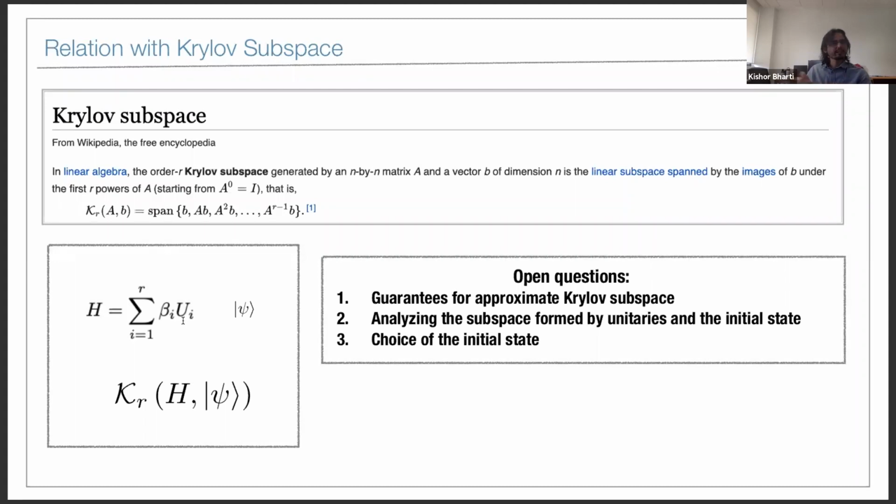So that already is a very powerful class of Hamiltonians. And many of the spin Hamiltonians are given to you in this format. But there can exist some class of Hamiltonians which do not have an efficient decomposition as a linear combination of unitaries.